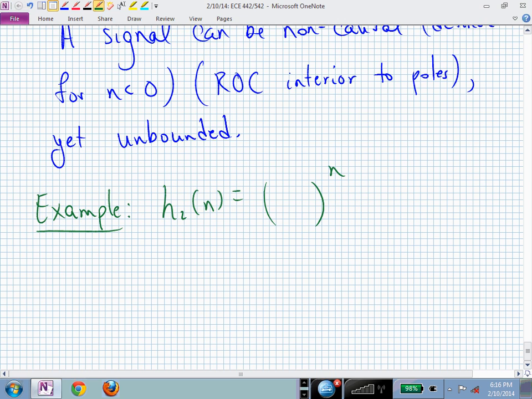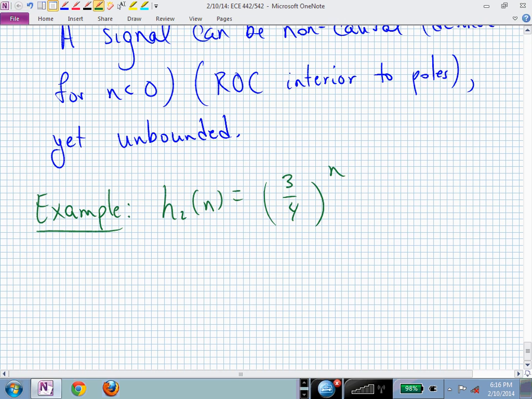I now have a region of convergence that's interior to a pole, and that region of convergence needs to be what relative to the unit circle? The magnitude of z equals 1/2. So now what I'm wanting, this is going to be a negative value, isn't it? So the one that I picked, it just has to be less than 1, doesn't it?